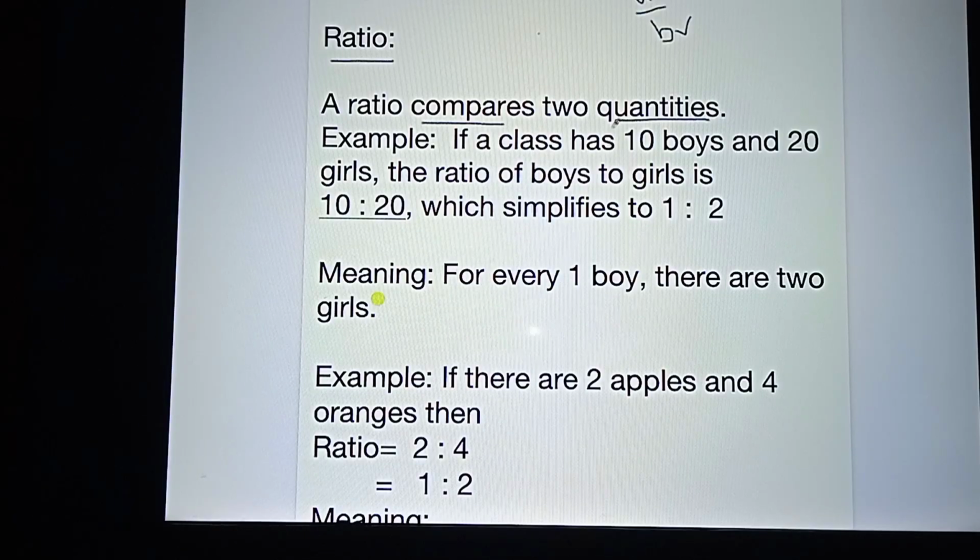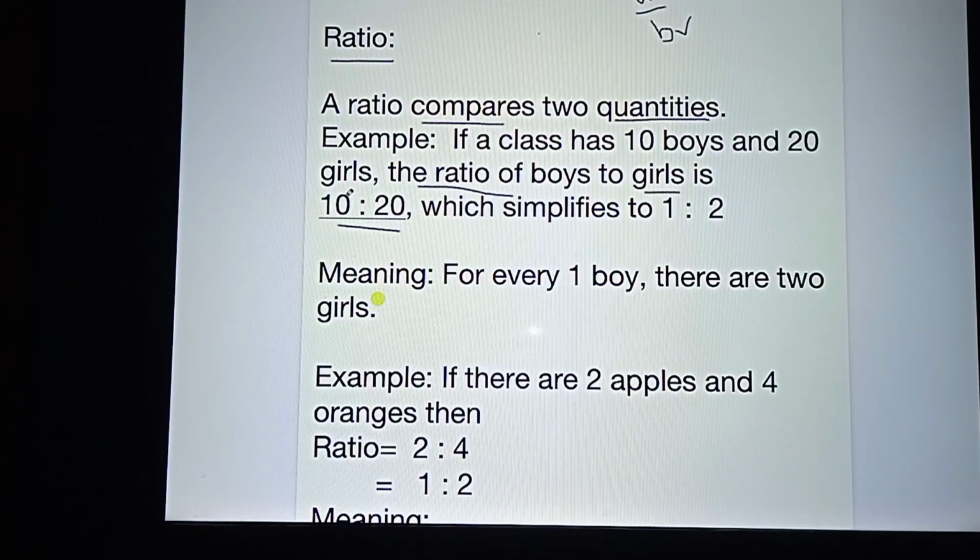A ratio compares two quantities. So here is an example. If a class has 10 boys and 20 girls, then the ratio of boys to girls is 10:20.